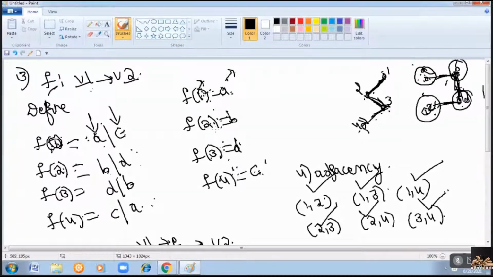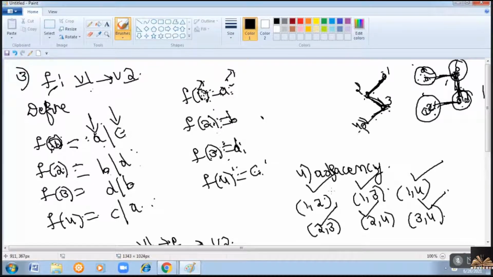That means if 1, 2 are adjacent, these are the pre-images and these are the images. If 1, 2 are adjacent, then the corresponding images of 1, 2, that is A, B, should also be adjacent in the other graph. If 1, 3 are adjacent, the corresponding images of 1 and 3, that is A, D, should also be adjacent in the second graph, right?